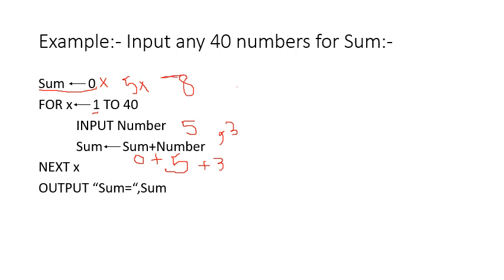Now again for 3 to 40, 4 to 40 you will input the numbers, unless and until it reaches 40. When it reaches 40, this loop will be stopped and it will display the sum, the whole number.